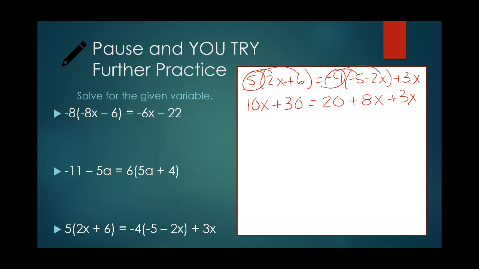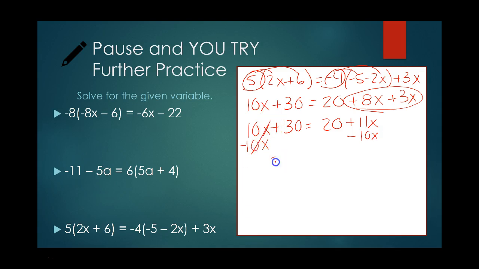So again, watch your negatives. I still have work to do on this right side because I can combine these. So that's going to be my next step. So 8x plus 3x gives me 11x. Now, I need to get my x's on the same side. So I'm going to subtract the 10x because it's going to keep this still positive.